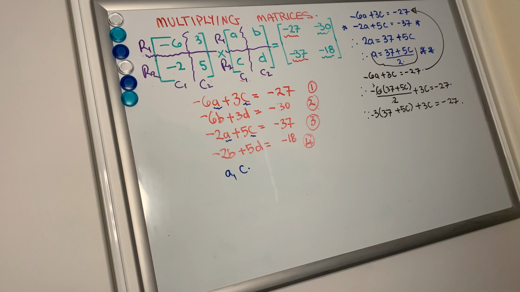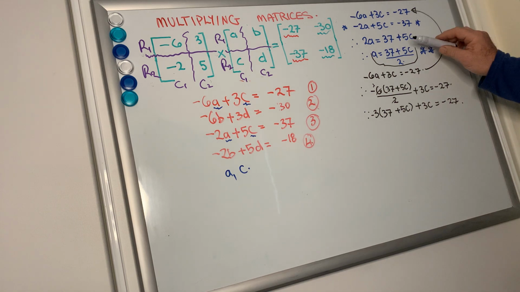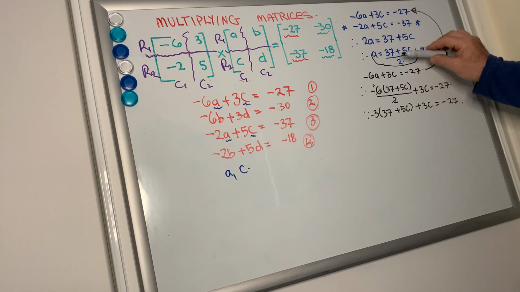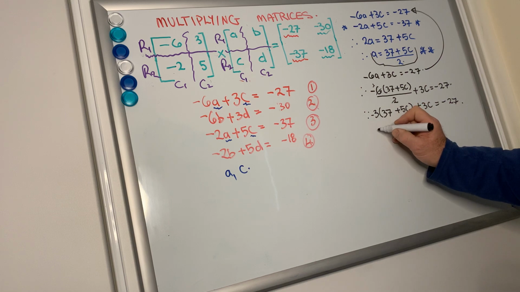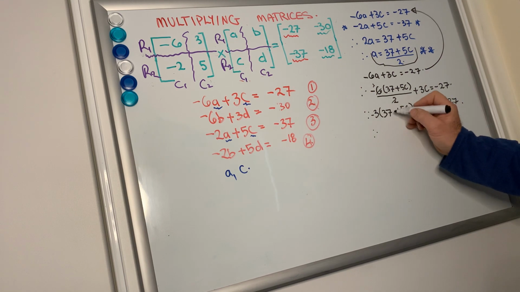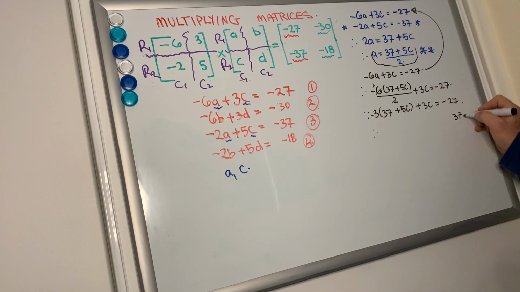Now what we've basically done is transfer this value for a into this equation here. Now, therefore, 3 times 37: 7 3s are 21, 3 3s are 9, 10, 11, which is 111.